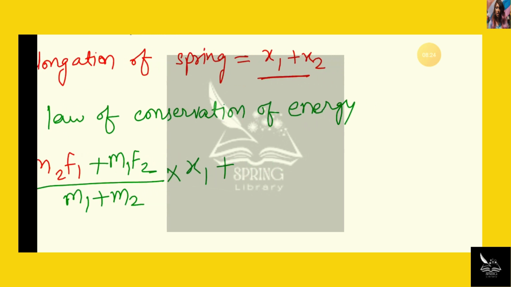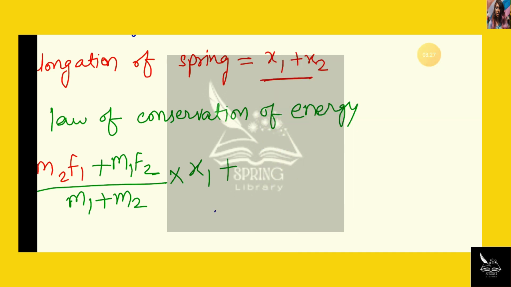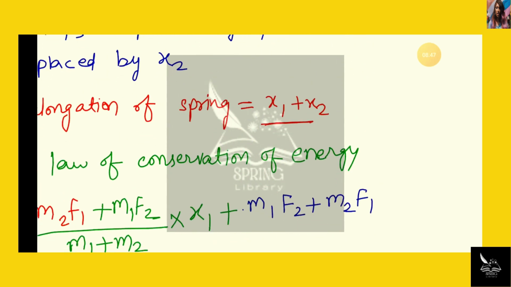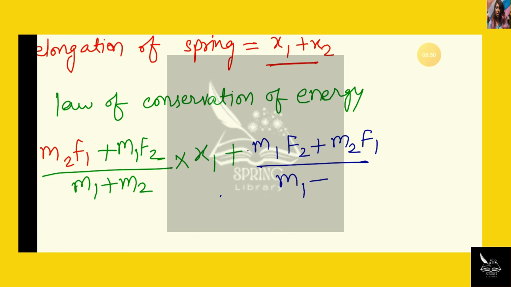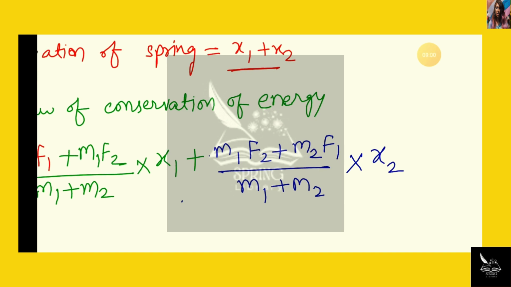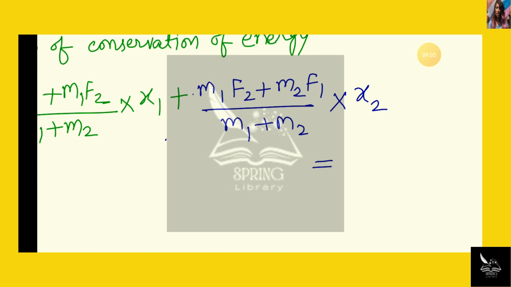Similarly, the work done on the second block will be written as the net force, m1 F2 plus m2 F1 divided by m1 plus m2, multiplied by the distance by which the second block is displaced due to the net force, which I assumed is x2. This will be equal to the energy stored in the spring.